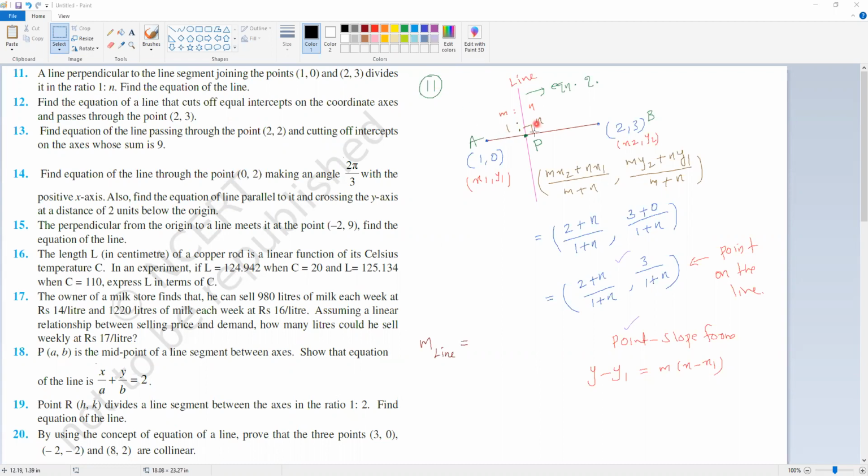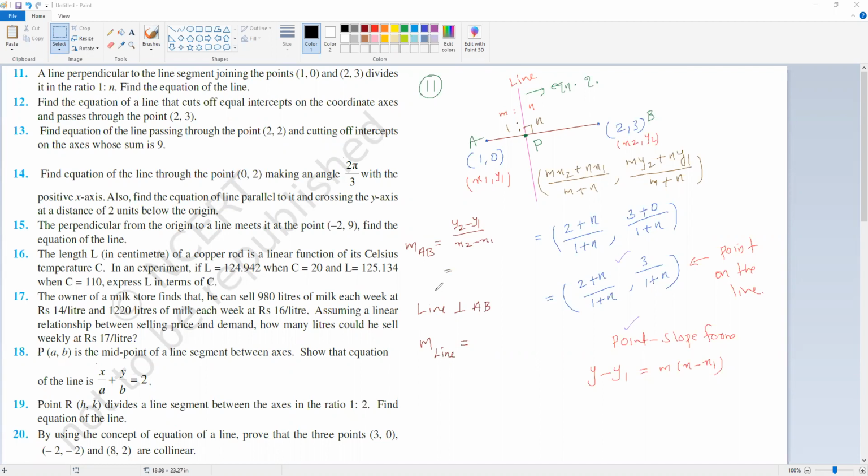Very important, look at what is given: that line is perpendicular to AB, isn't it? The line is perpendicular to AB, it is given, no? So if two lines are perpendicular, what are their slopes? Their product is -1, or they are the negative reciprocals of each other. So you can first find the slope of AB: change in y, y2 minus y1, divided by x2 minus x1.